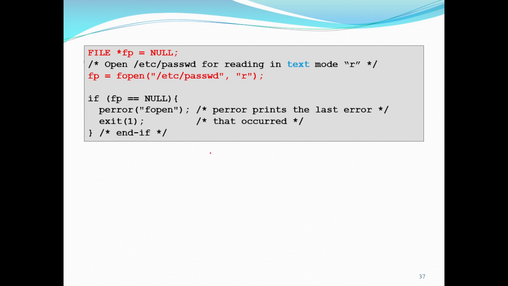Let's say this is my file pointer, and I'm using that file pointer to try to open a password file to read it. Again, this is a text mode opening. If it is null, which means we cannot open the file, we write an error message to the screen and exit, ending the program.